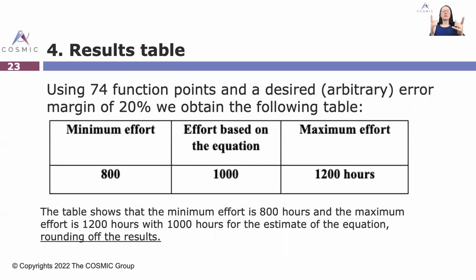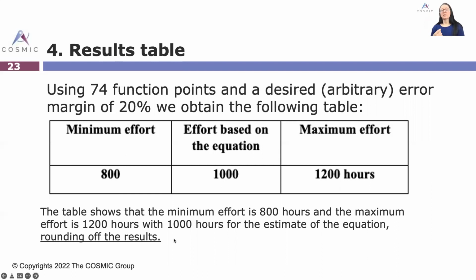So our interval is between 800 and 1200 hours. And this is what this table shows, that the minimum effort would be 800 hours and the maximum effort is 1200 hours, with 1000 hours for the estimate of the equation after rounding off the results.